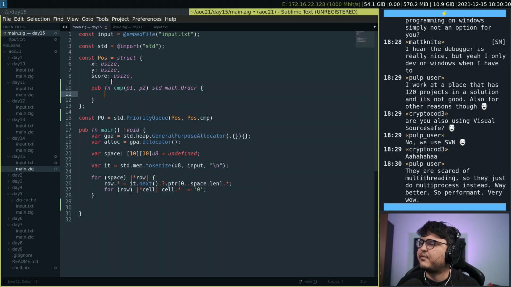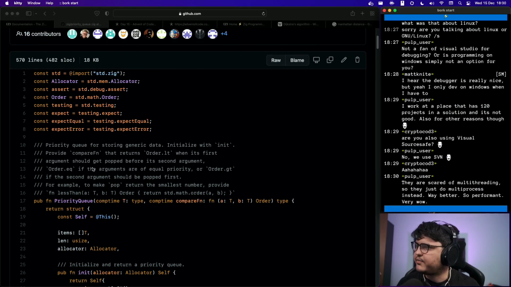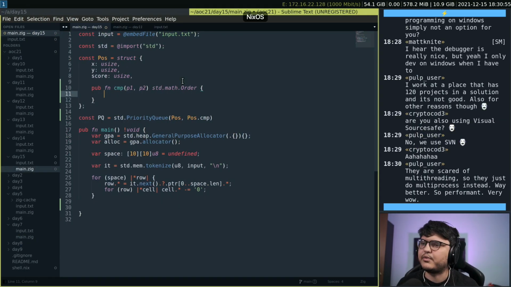And the question is whether the first one is lower, right? That returns order.lt when its first argument should be popped before its second argument. Oh, so that's not even really a min queue. You can cheat in the compare function. Obviously, you can cheat in the compare function and do whatever you want with it.